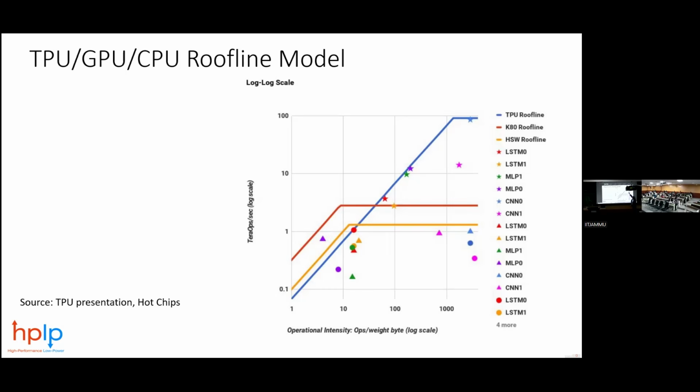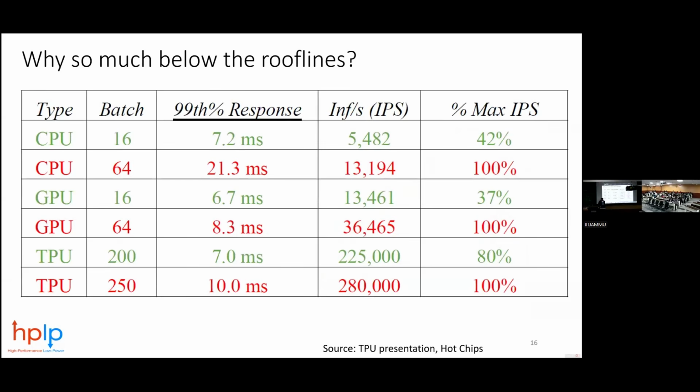Based on the colors, I believe that CNN 0 was implemented on one hardware and the CNN 1 was implemented on another hardware, and then they are comparing the performance. I'm just guessing. But anyhow, I think the message is there. Let's not worry too much about this.